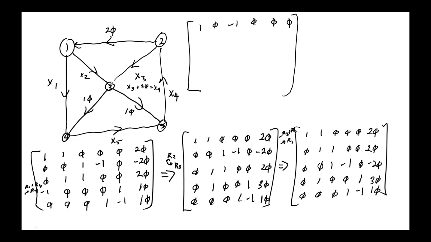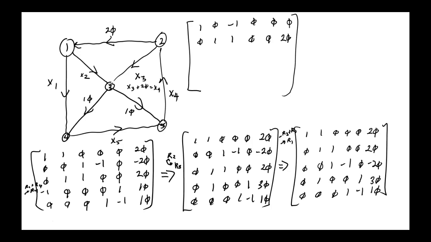Now, okay. We're using row 2, so let's just write that down. 0, 1, 1, 0, 0, 20. Okay? Now, row 3 is fine, so we're going as far as column 2 goes. So we'll write it down. 0, 0, 1, minus 1, 0, minus 20. Okay?